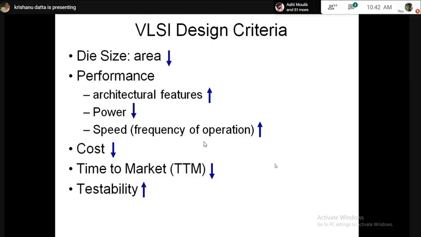The simple reason is power. If you want to control the power, then you have to operate at a relatively lower frequency. So today the importance of power is extremely high. For a high power dissipating device, nobody will buy in the market. So that's a good answer.